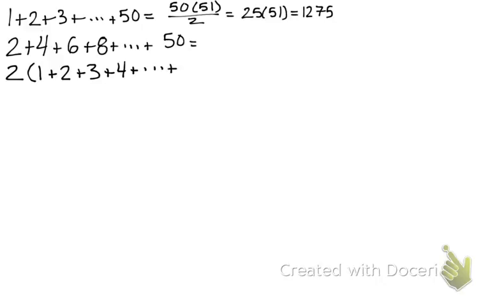How high up will we go? 2 times what equals 50? 25. 25, right. So we can rewrite 2 plus 4 plus 6 plus 8 all the way up to 50 as 2 times 1 plus 2 plus 3 plus 4 up to 25 instead. And so now we can use that property. We keep our 2 out in front.